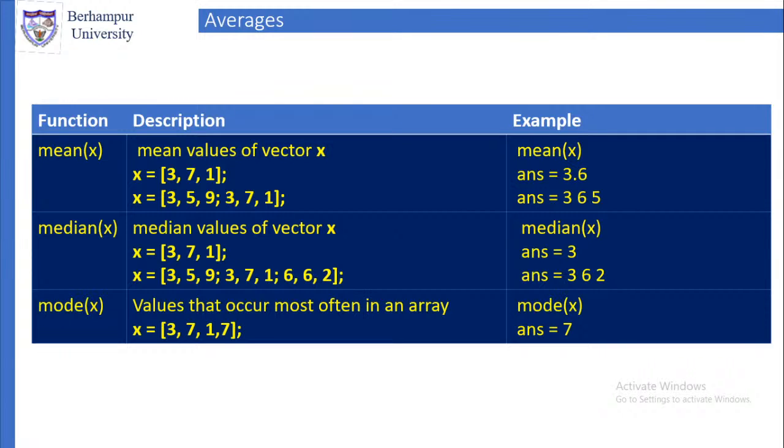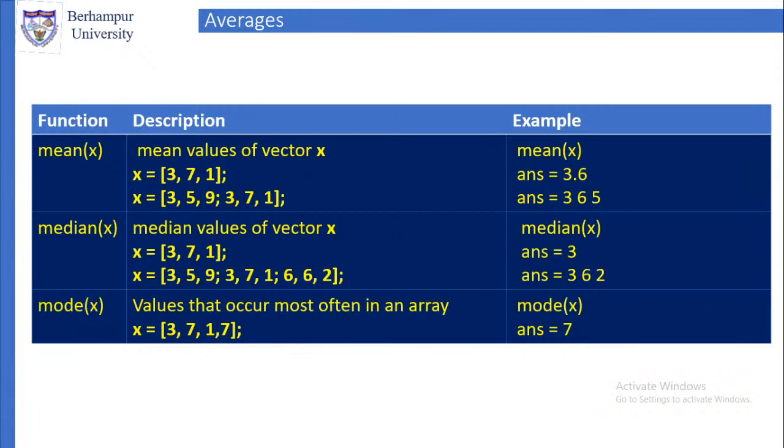You can test these using these methods, or go to statistics and find out. Then mode. Mode gives you the value that occurs most often in an array. So in the array 3717, 7 occurs most, so the mode is 7. So this is about the averages or statistics that you will use.